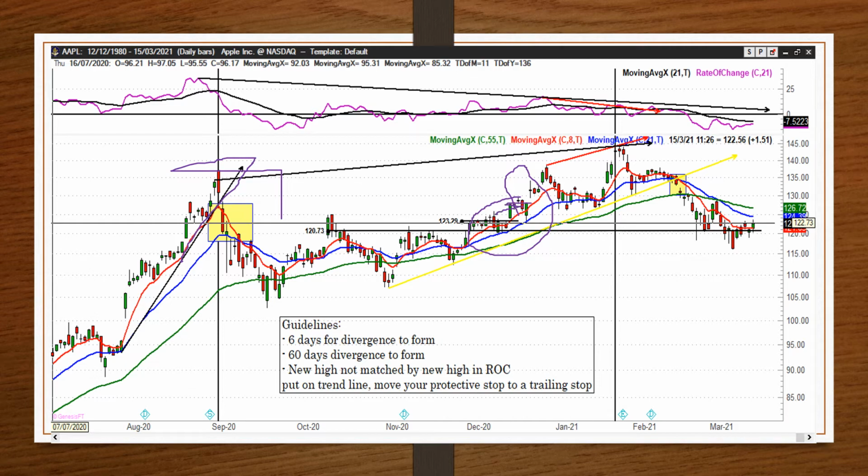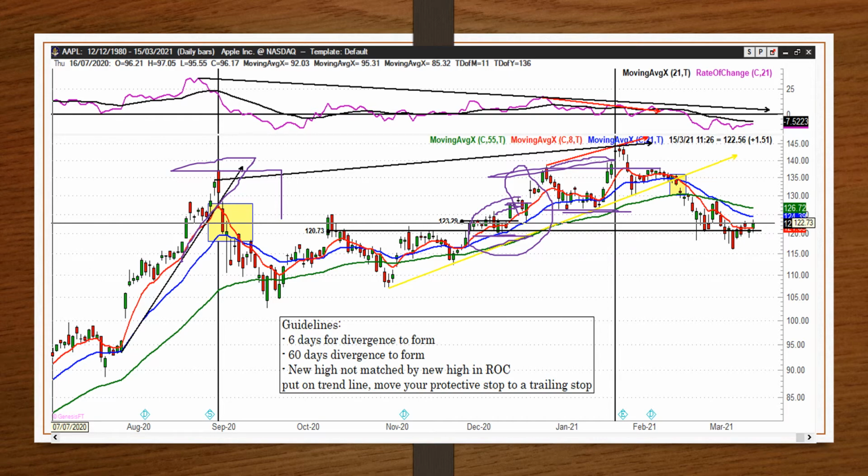My protective stop would go under support right here, and then we would keep an eye on the price, and as it moves on up on its way to another black vertical line, once this level of resistance has been cleared, we would move our stop to just under here from down here.